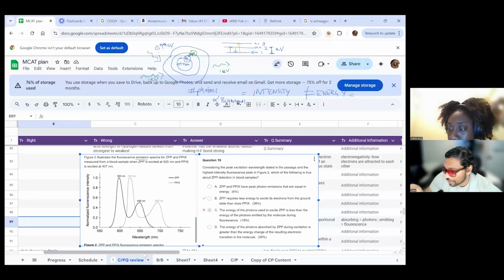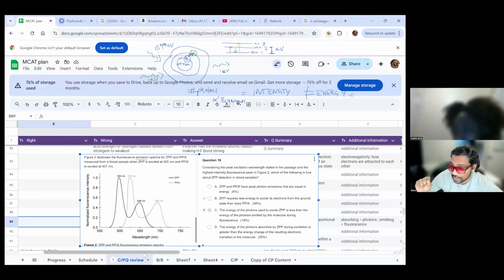So far, we've only been talking about how if a photon gets absorbed, an electron gets excited. And the opposite of exciting is called relaxing. So if an electron relaxes back, it'll emit a photon. So it's absorbing a photon, exciting an electron, and then it could relax the electron and emit that photon.